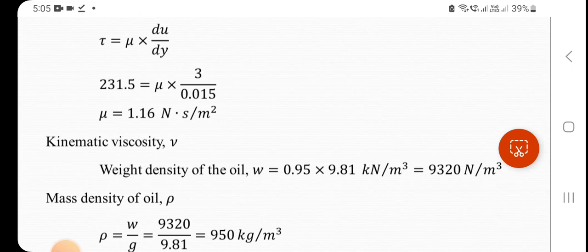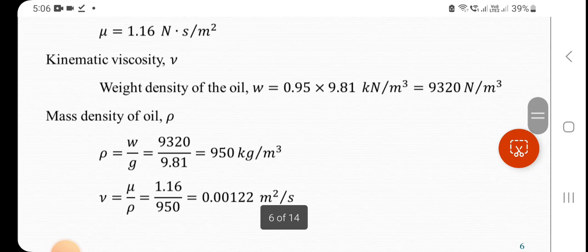Then they have asked to find the kinematic viscosity, as the specific gravity is given. So the weight density of oil, W, is equal to 0.95 into 9.81 kilonewton per meter cube. So Newton per meter cube, 9320 Newton per meter cube.